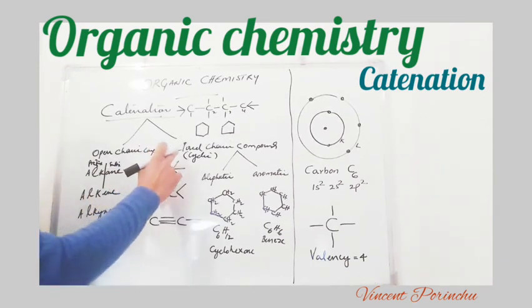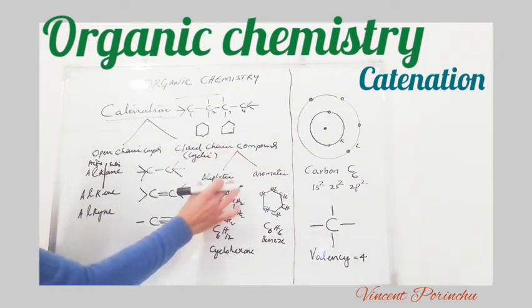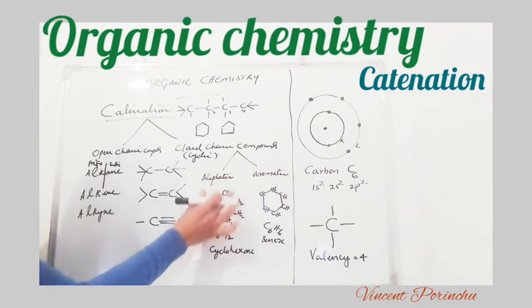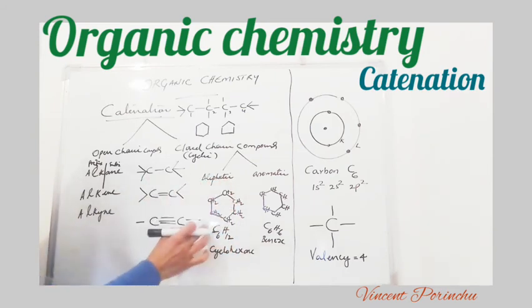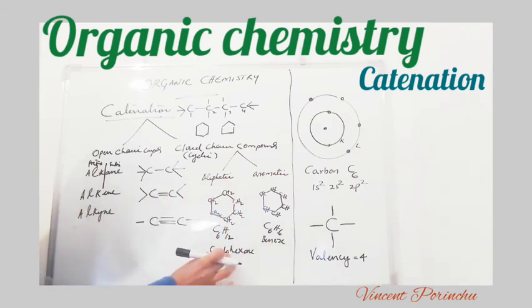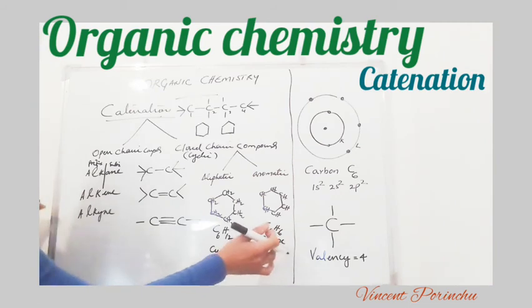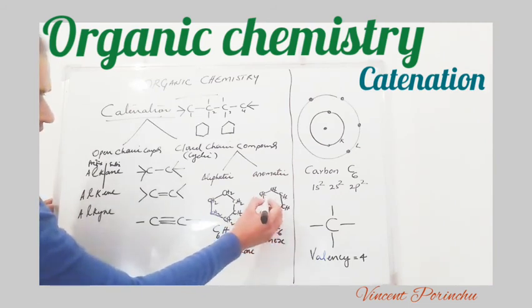So in closed chain compounds we have aliphatic and aromatic compounds. The best example for an aliphatic compound is cyclohexane. The cyclo means a ring type and hexane means it contains 6 carbon atoms. And there is another one, benzene, C6H6, that contains alternating single bonds and double bonds.